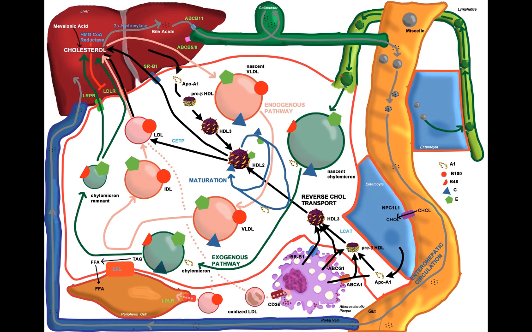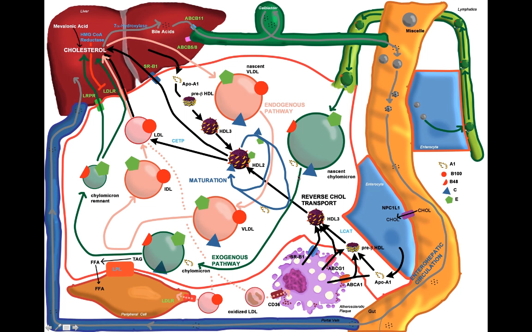So the first thing to know is that lipids come in through your digestion. Bile acids solubilize the fats, and the fats are taken up by the enterocytes, and through the lymphatics are sent into the circulation.